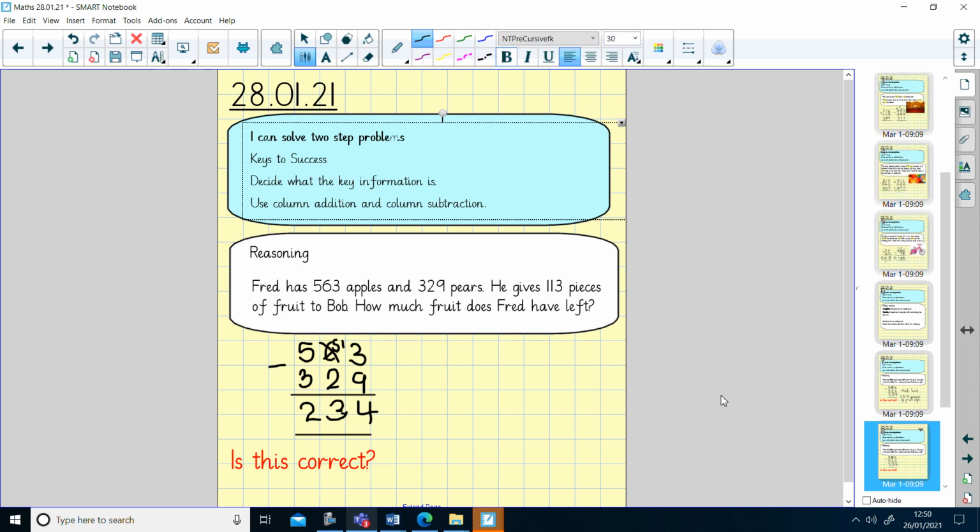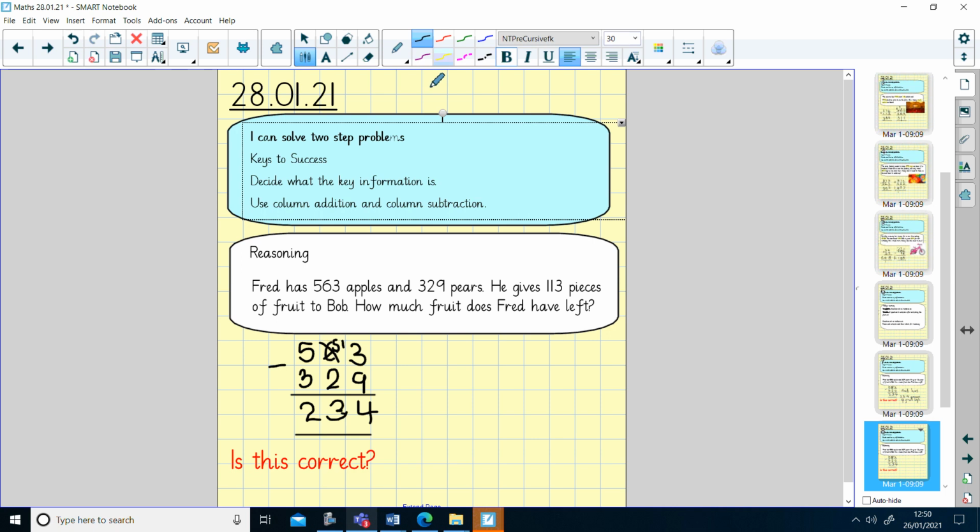Okay children, so what I've worked out by subtracting 329 pears is actually just the difference between the apples and the pears. I haven't worked out how much fruit Fred has left.